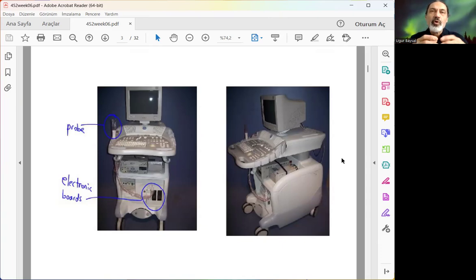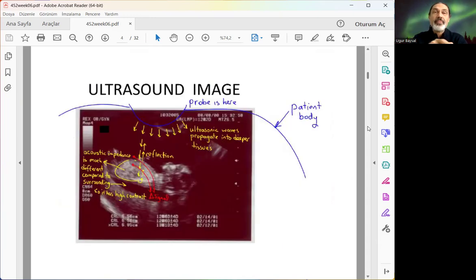The complex signals from the patient are acquired, and then necessary calculations are made to represent them as an image on the screen. So these are connected to the electronic boards of the system.